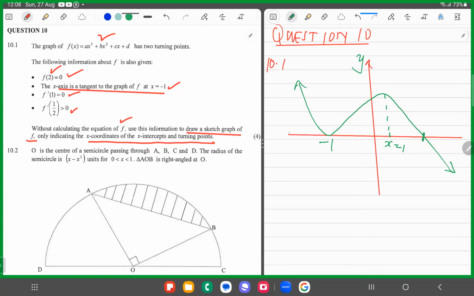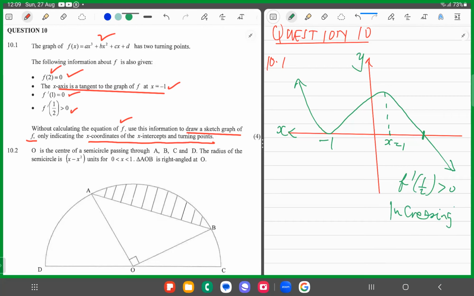This is the y-axis and this is the x-axis. f primed at 1/2 is positive, meaning that at 1/2 the function is actually increasing. So we have answered the question.